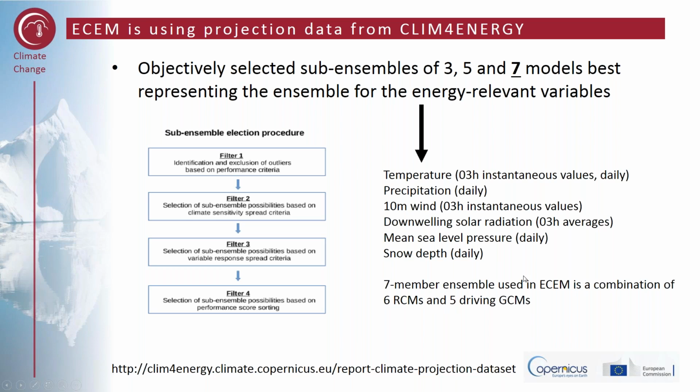And this is a combination of 6 different RCMs and 5 different driving GCMs. And again, these are the variables that CLIM for Energy looked at, and you can see that they coincide nicely with the variables that both the Phils were talking about as the focus of ECEM.